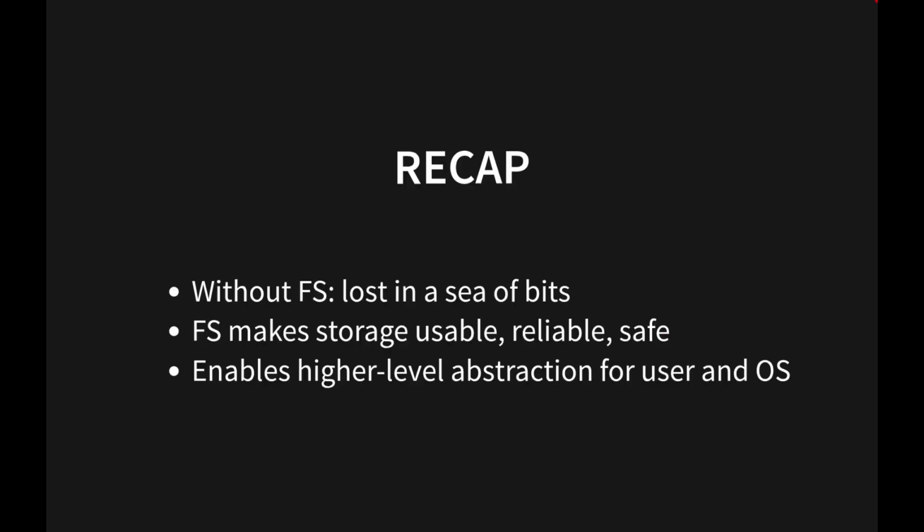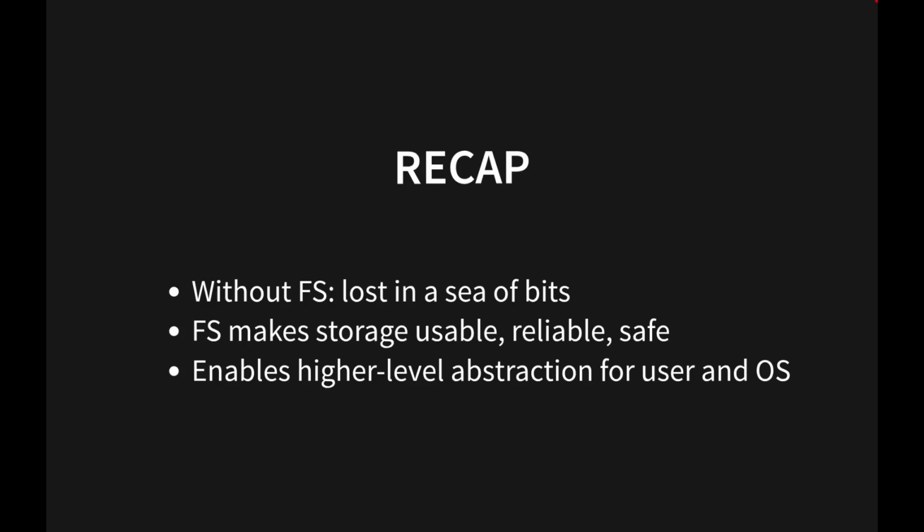So to recap, without a file system, we are essentially in a huge, meaningless, unstructured sea of bits. A lot of binary data which we have no idea what it is about. That's where file systems come into play.